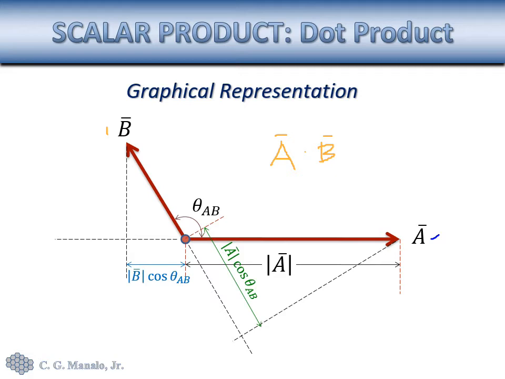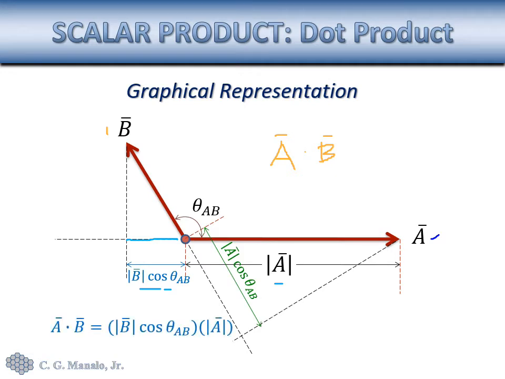We get the projection of vector B along the direction of vector A. So this is the projection of B along the direction of A, and that is equal to this one. And then we simply multiply this projection with the length of the vector A. So that will give us something like that.